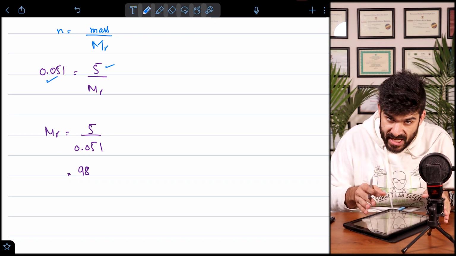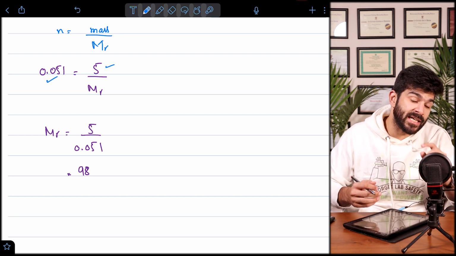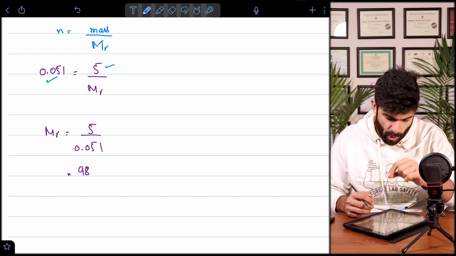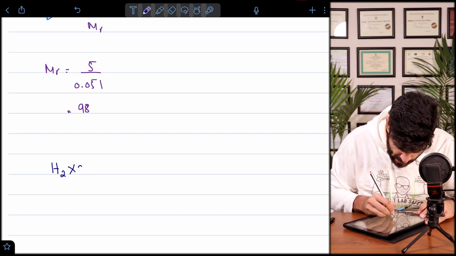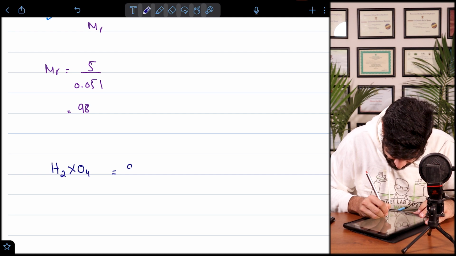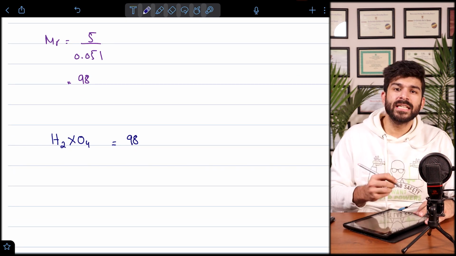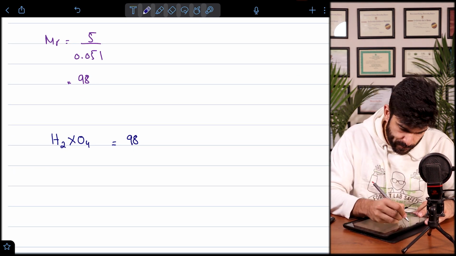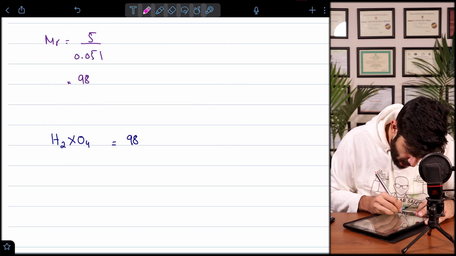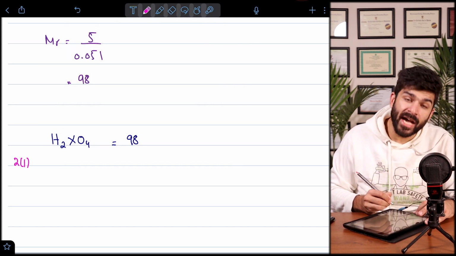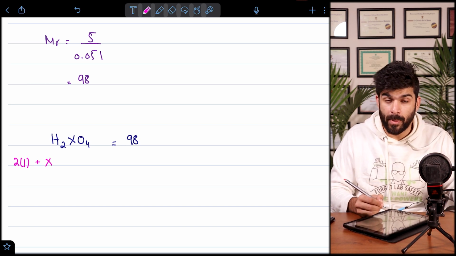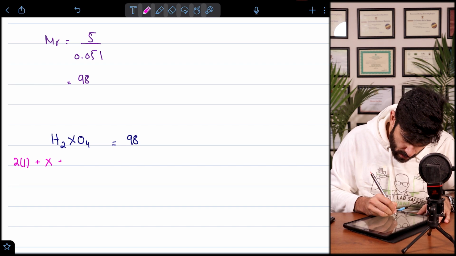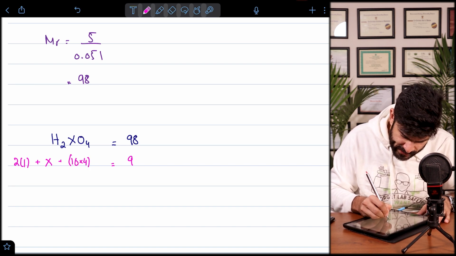It has many concepts. So now let's see how we can calculate the value of x from the Mr value. So we have H2XO4 and the Mr of H2XO4 is 98. So let's calculate the value of x here. Simple calculation. We know that the Ar of hydrogen is 1, so 2 plus x, we don't know about x, plus 16 into 4 for oxygen equals 98.